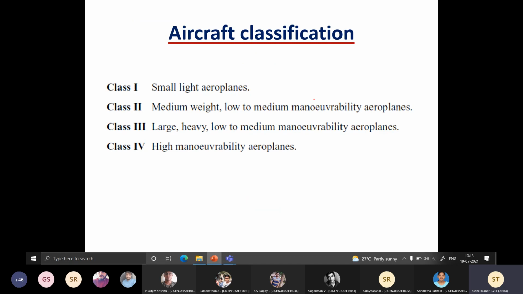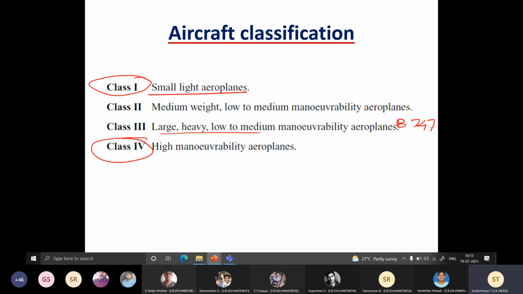Further, they also classified the aircraft as class 1 to class 4. Class 1 is small light aeroplanes, like your Skyhawk or Cessna. Class 3 will be large, heavy, low to medium maneuverability, like your 747.